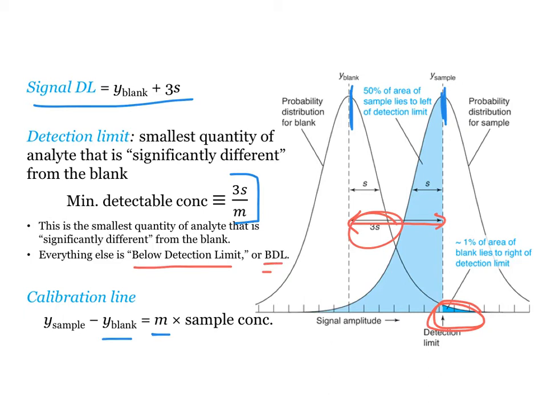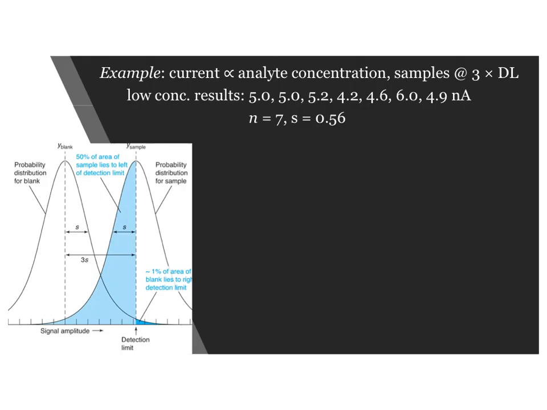Now, that was a lot of complicated jargon. Let's step through an example to see how a detection limit study is applied in practice. Suppose that we have run 7 samples with a concentration roughly 3 times that of the previously established detection limit. We find that the instrumental responses, tallied here in nanoamps, give us a standard deviation of 0.56 nanoamps.